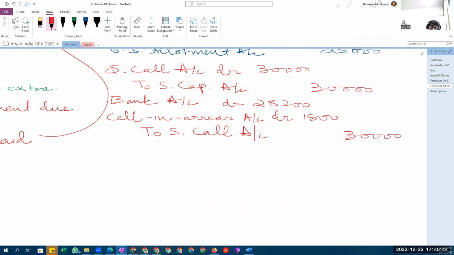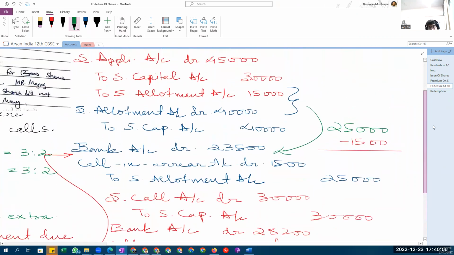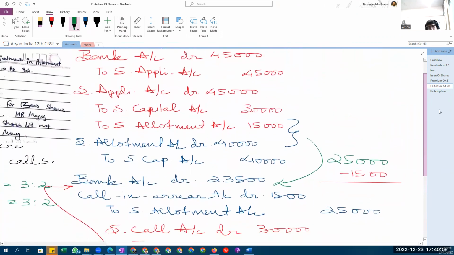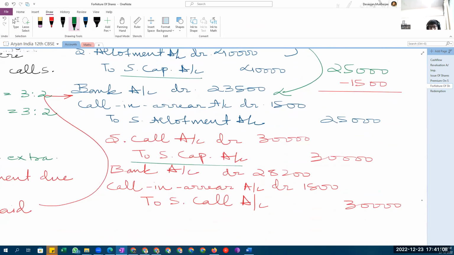So these are all the journal entries up to the first and final call, where Mr. Manoj has not paid his allotment and call money. Now, the forfeiture. Here we'll finally do the forfeiture entry, where we are canceling his account. Now listen to this very carefully. When we are issuing the shares, at all the places the share capital is getting credited, here, here, and here.